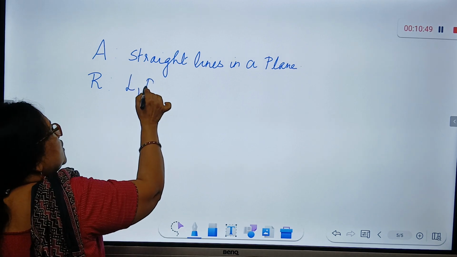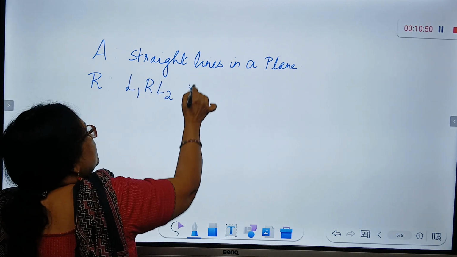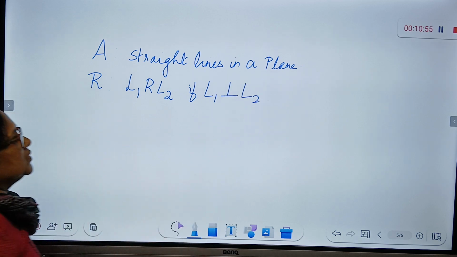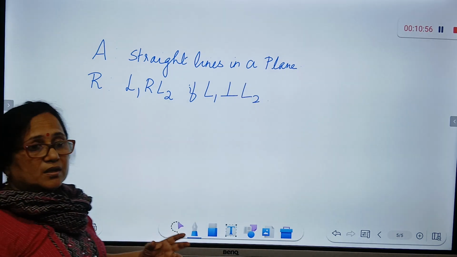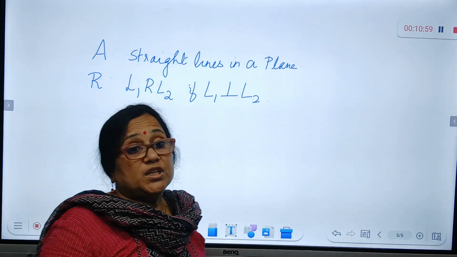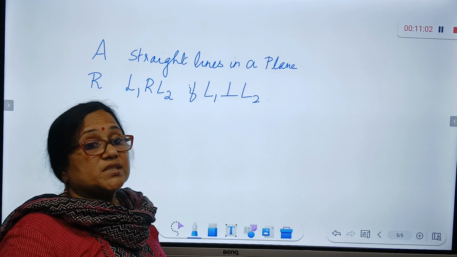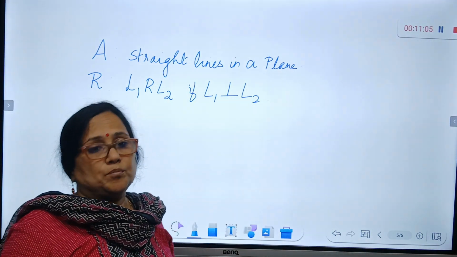L1 is related to L2 if L1 is perpendicular to L2. So what is the relationship here? Being perpendicular to each other. And what is the other given set? The set of all straight lines in a plane.